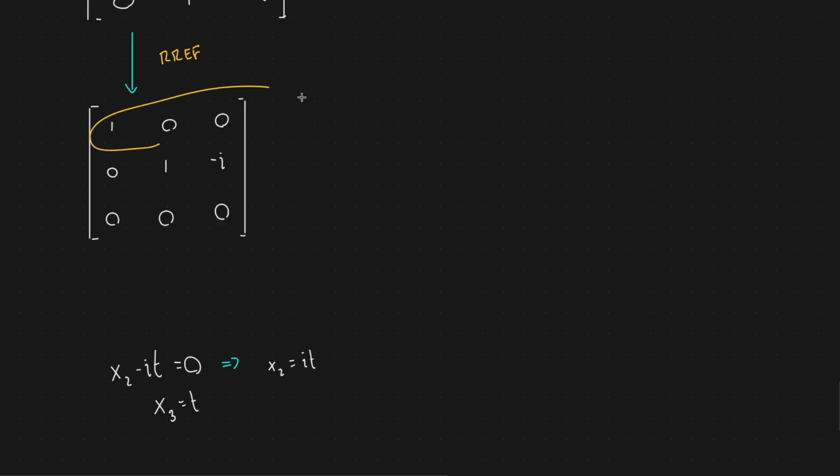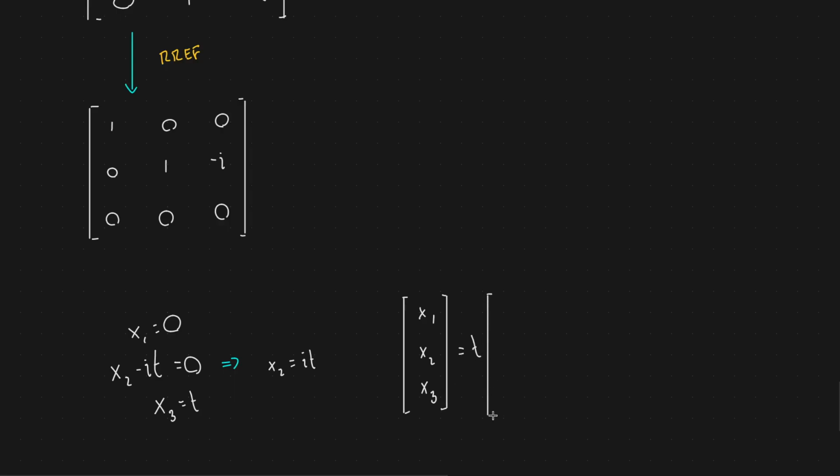And then looking at row 1, x1 equals 0. So the general solution of this homogeneous system is t times the vector 0, I, 1, which means this vector is a basis for the span.